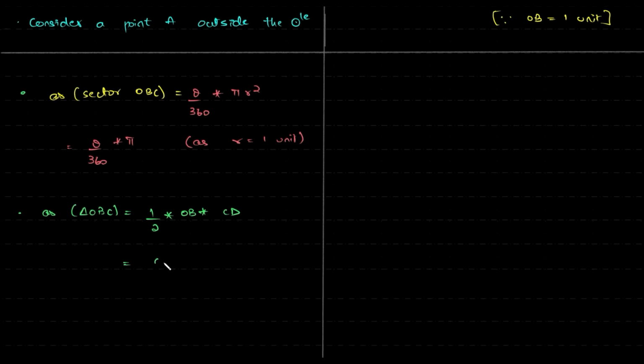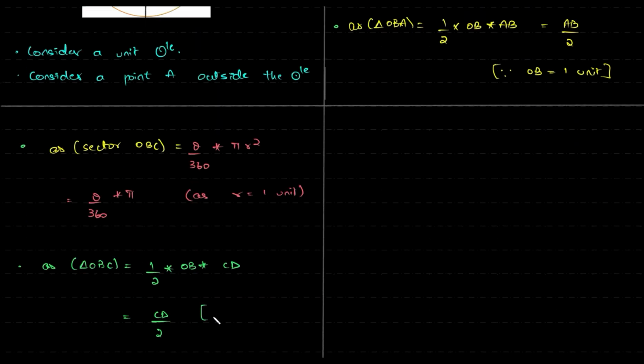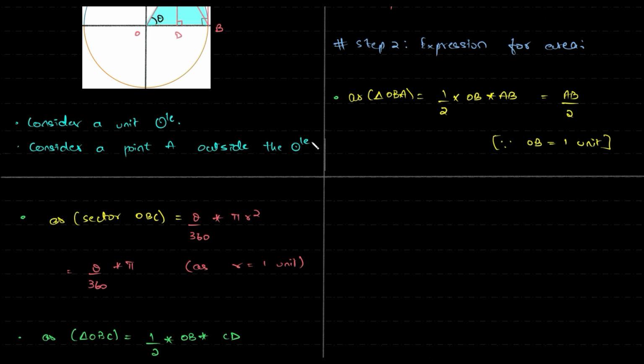So we have CD by 2. What happened to OB? Again, it's a unit circle, so we need not do anything about it. It's okay. So this is your step 2.